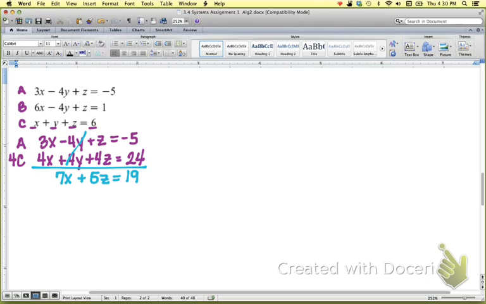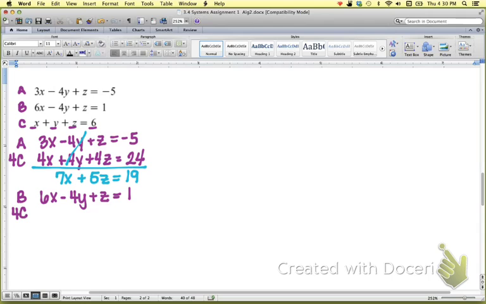So we now have one equation in two variables. We need to make another one. So we're going to go back to the drawing board. This time I'm going to use B with 4C. So just like before, I'm going to recopy equation B. 6x minus 4y plus z equals 1.